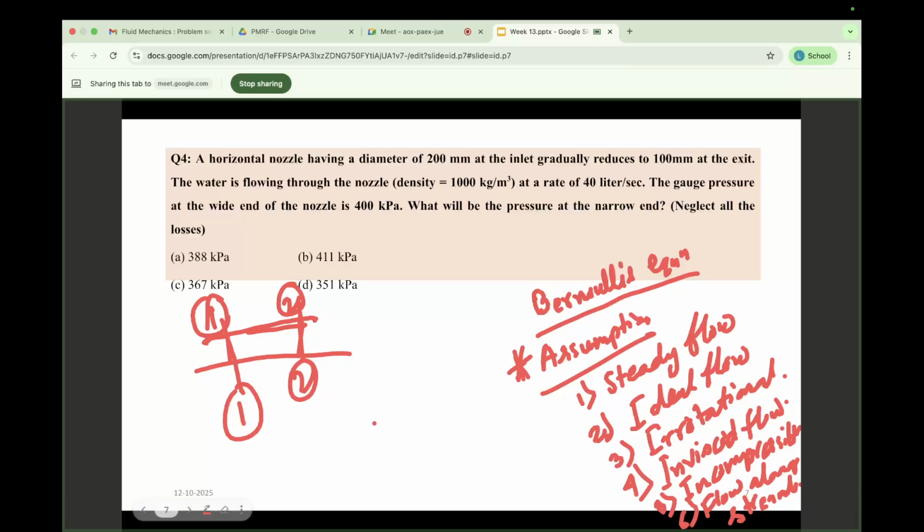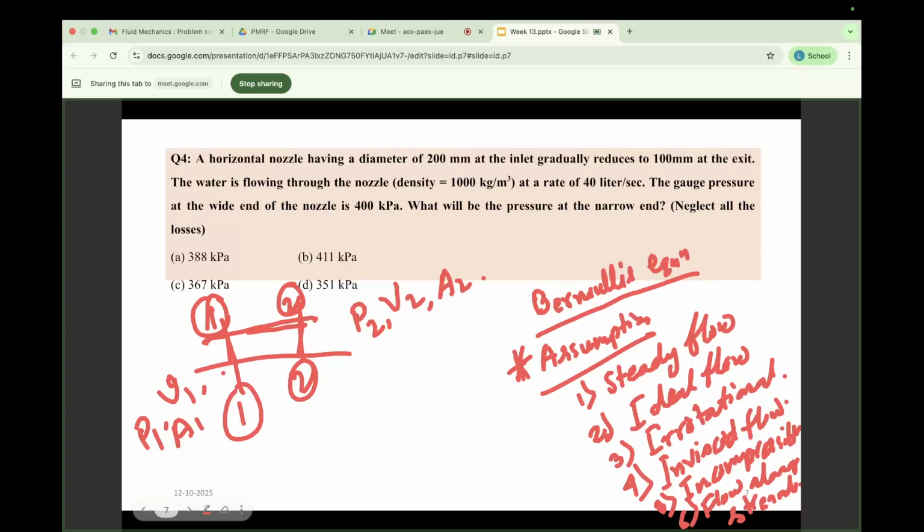Section 1 and section 2 have different area and different velocity. In section 1, the velocity is V1, the area is A1, and the pressure is P1. This one is P2, V2, A2, like that.